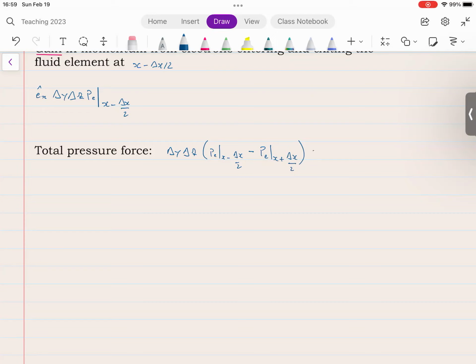But now this is equal to, I can multiply and divide by delta x. Do it in the next line.